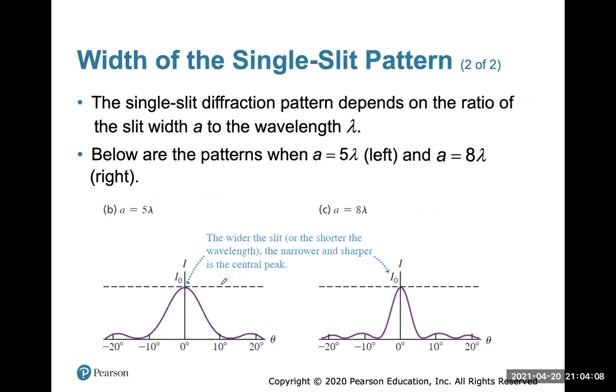The larger the slit compared to the wavelength, the more we could argue that the ray model is correct. The wider the slit, the narrower and sharper is the central peak, the central maximum.